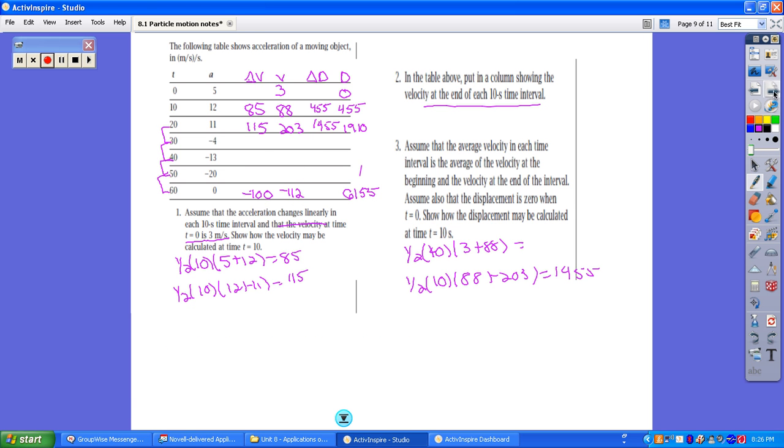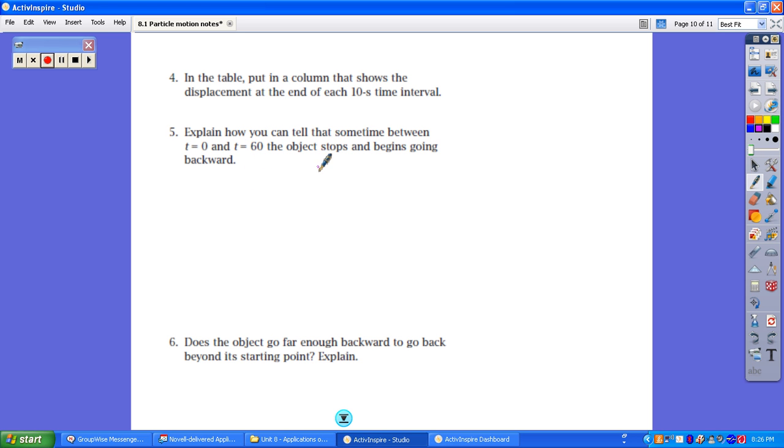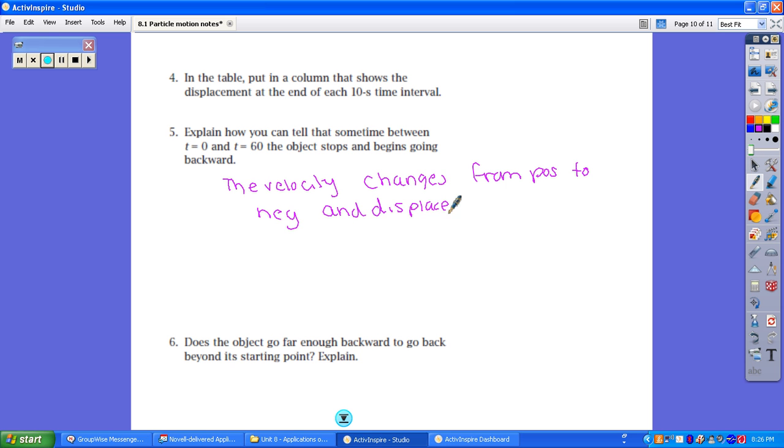So you need to explain in number 5 that the velocity changes from positive to negative. And then also the displacement decreases, which means I'm going to be adding a negative number.